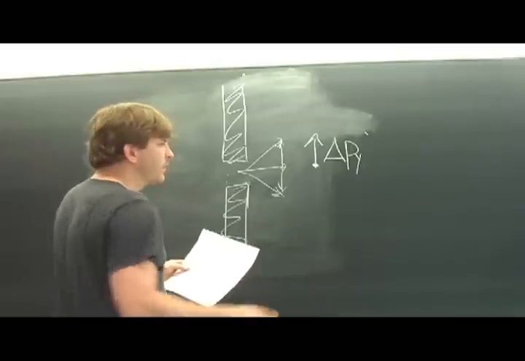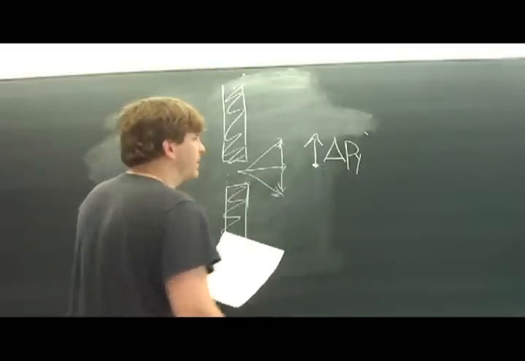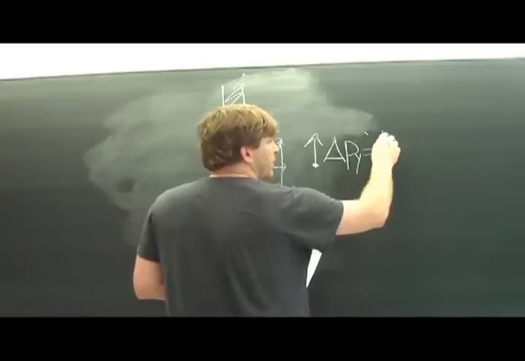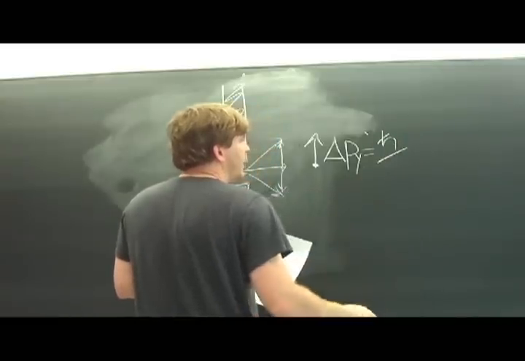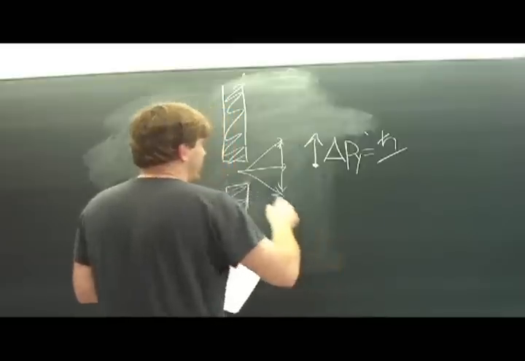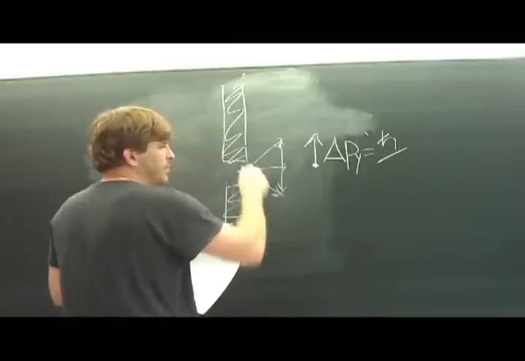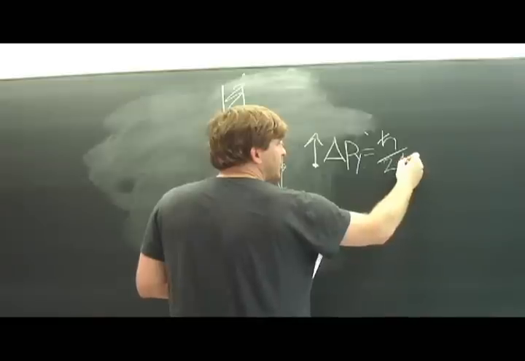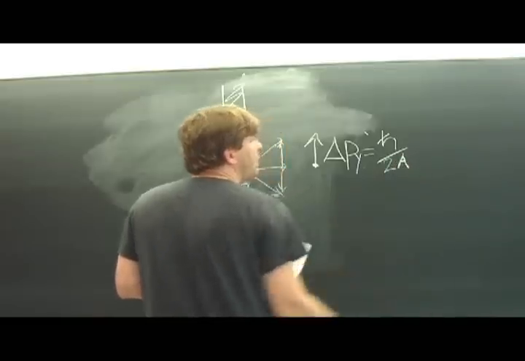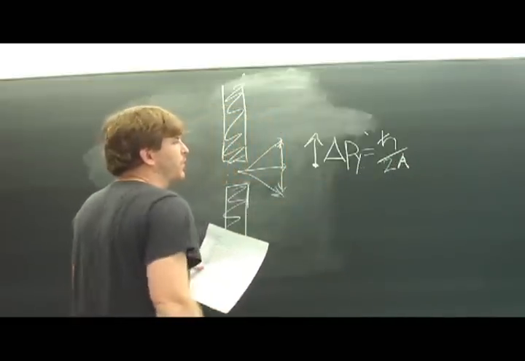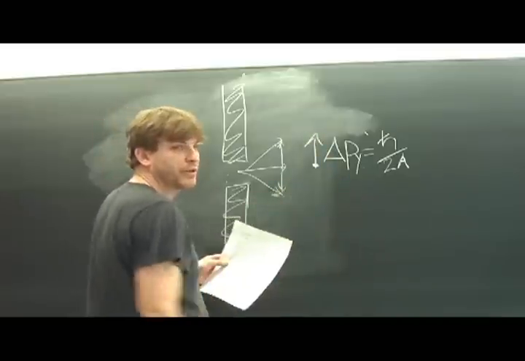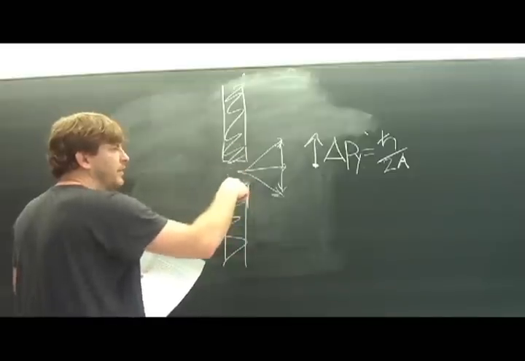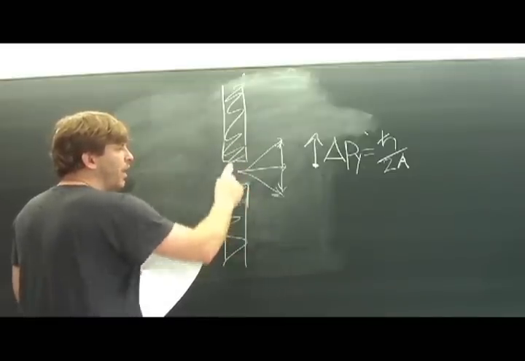Now, normally, this uncertainty right here would be just given by h bar divided by the width of the aperture. So h bar divided by, actually, 2a, divided by 2 times the width of the aperture, and that would give your uncertainty due to diffracting through this slit, which confines the particle in the y-axis.